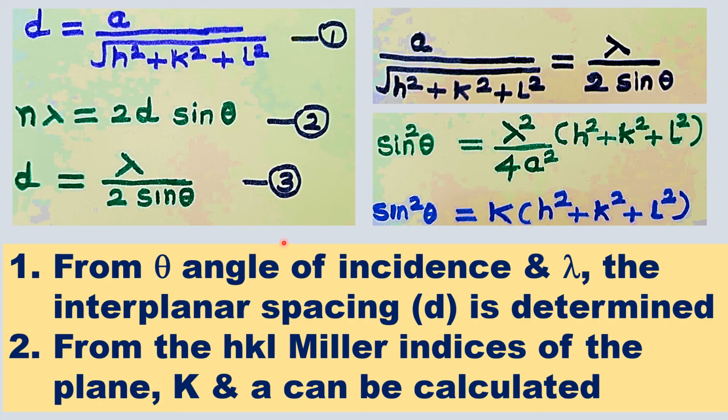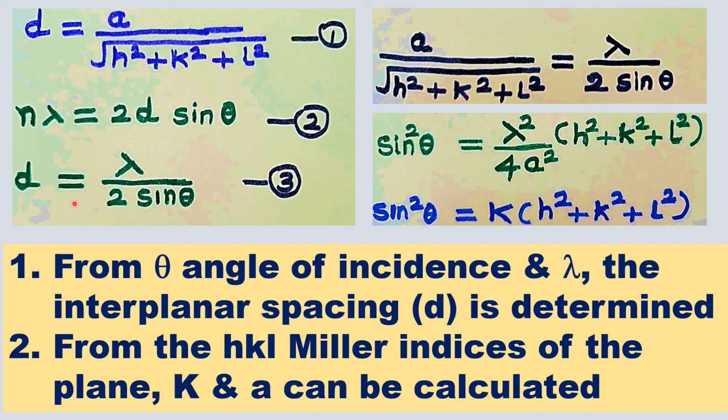We have studied one application. Let us see now how the interplanar spacing is determined and how the lattice constant is calculated. By using the above equations, from the angle of incidence for monochromatic X-rays of wavelength lambda, lambda is known and theta is known for the hkl plane.